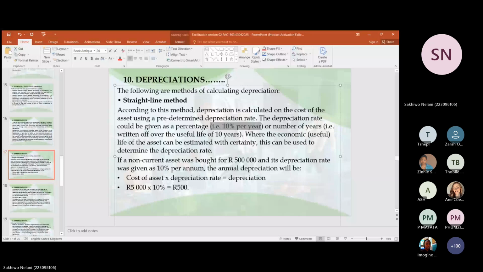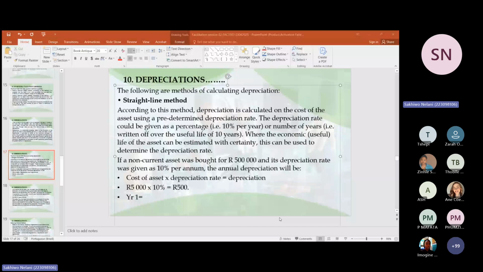So now I want us to calculate the depreciation for year one. This vehicle is losing how much in terms of value? We're using the straight line method. I need year one. Thank you very much, Masafo.